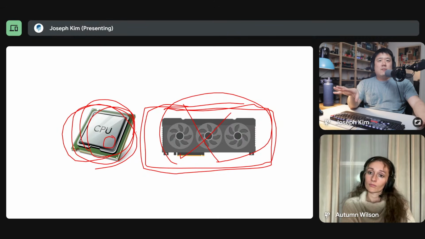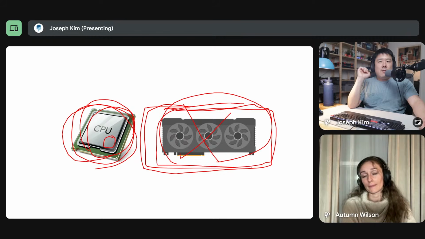But in general, if you only have an Intel or AMD CPU, then you will not really be able to render at all. You have to have some meaningful graphics card. I say meaningful because some graphics cards are not really built to be capable of rendering.